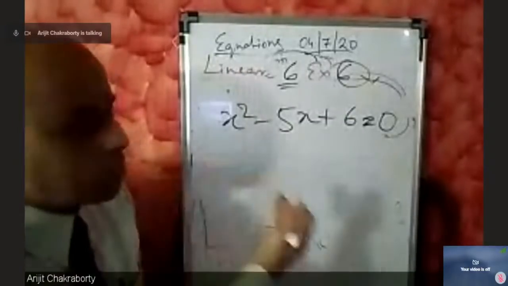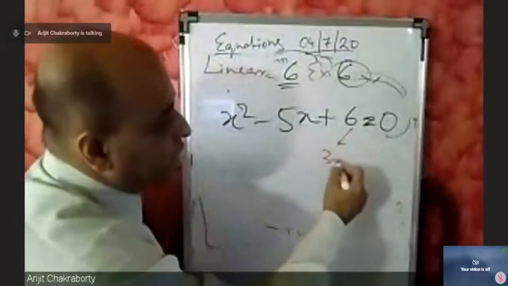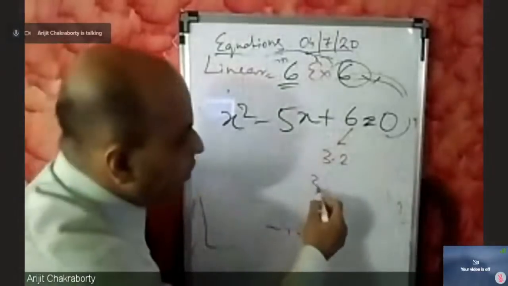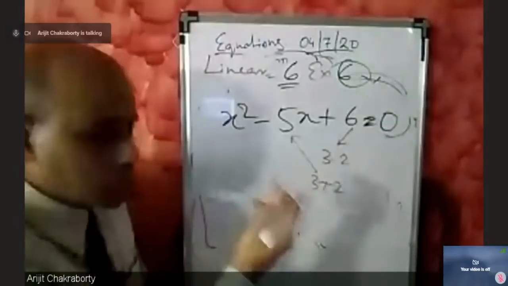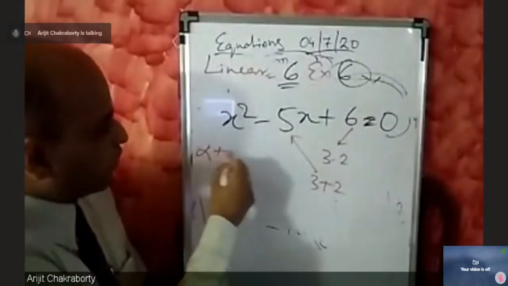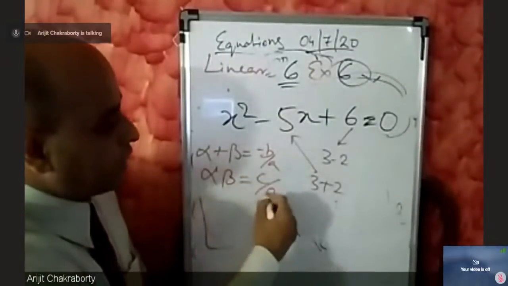In this type of problem, which students get frequently in the exam, we break it up in this way. Now 6 is 3 into 2 and 3 plus 2 is 5. So we are using those roots because we know that alpha plus beta equals minus b by a and alpha beta equals c by a.